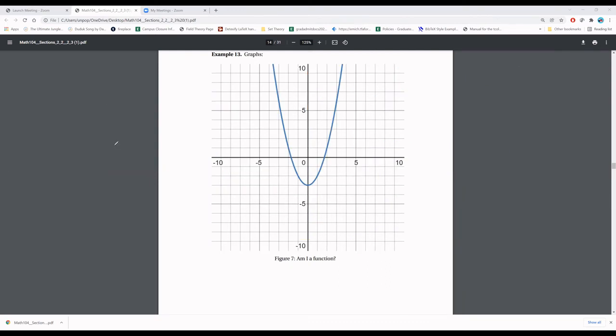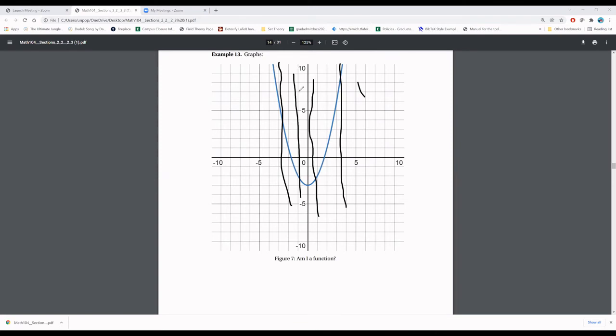All right, let's try out our vertical line test on this graph. This shape is called a parabola. You may have seen it in Algebra 1. Let's check if it is a function. Start cutting it with a relatively vertical line. Drawing straight lines is not my forte. And it looks like it's going to pass the vertical line test.